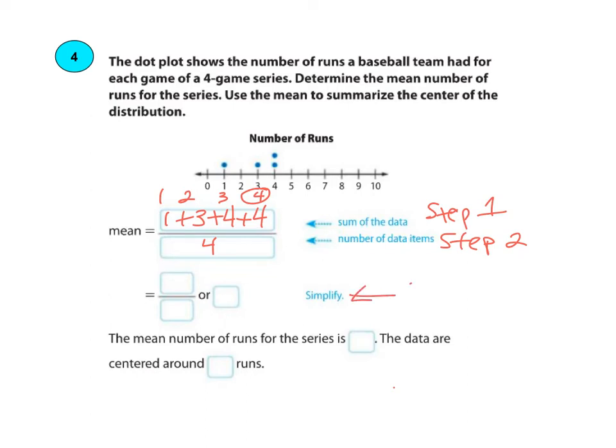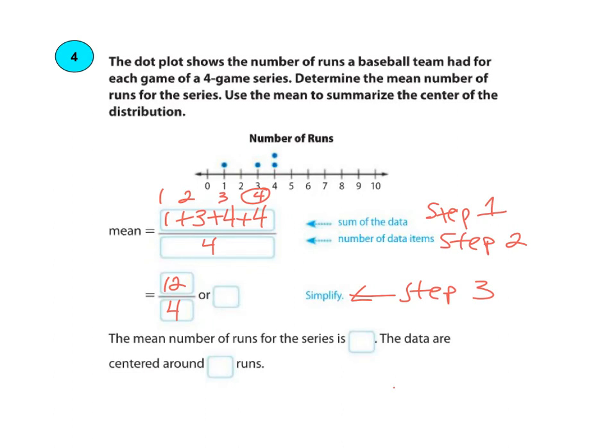So step 3 is where I will divide the sum of the data, and in this case I have a total of 12 in the numerator. I divide it by the number of data items. Now, remember guys, a fraction is just another way to represent a division problem. And sometimes we have whole numbers hiding inside fractions and we need to unmask them.